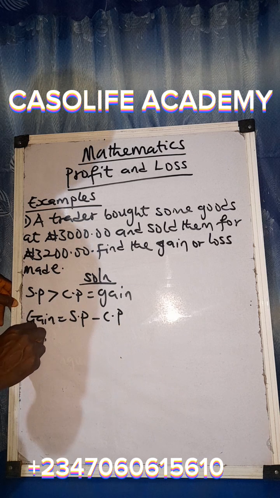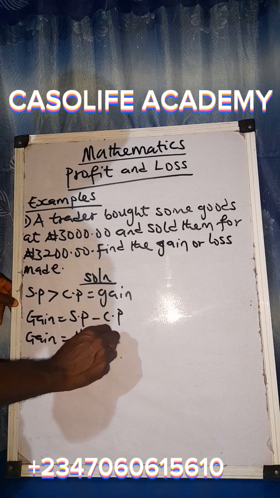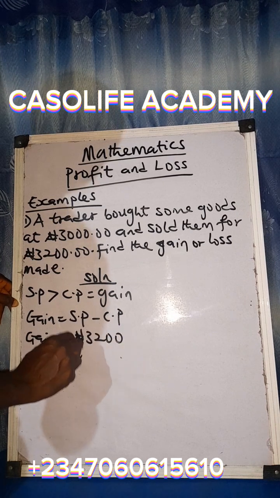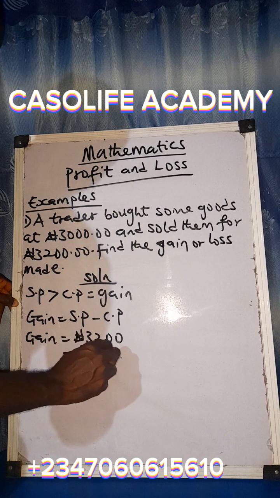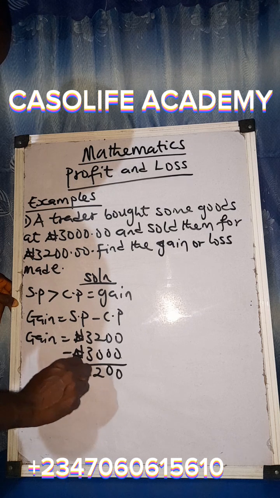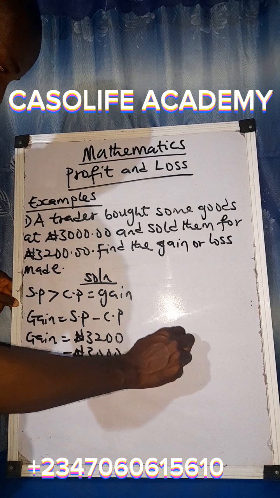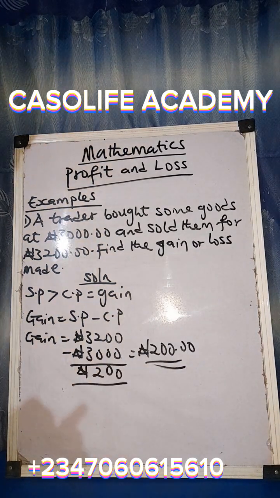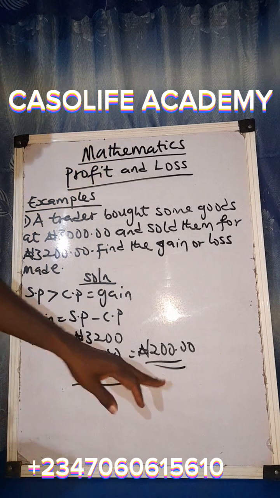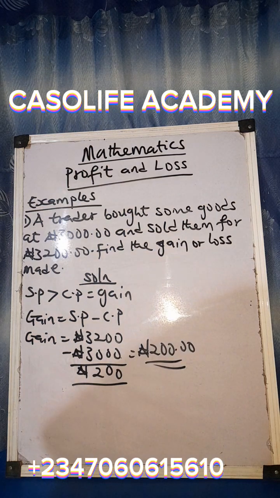So gain is 3,200 naira minus 3,000 naira, which is 200 naira. So the gain made is 200 naira.